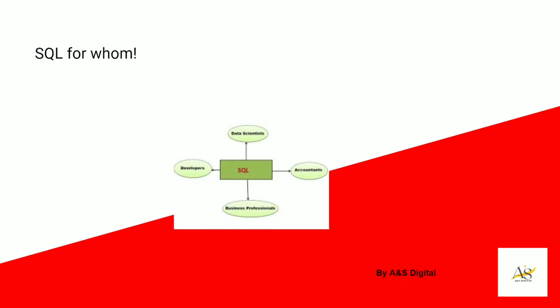Data scientists are people who analyze data and use various techniques on it like artificial intelligence and machine learning, and really bring the data alive. In terms of making value for businesses and people, data scientists are the ones who do that, and they use SQL for that.